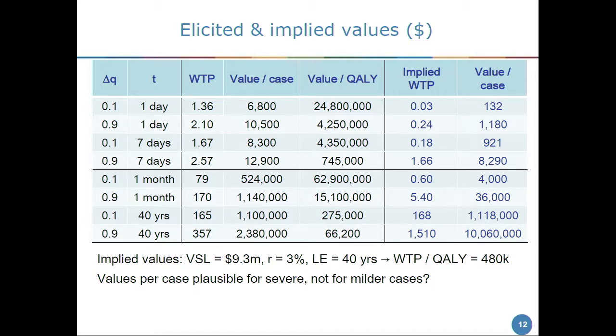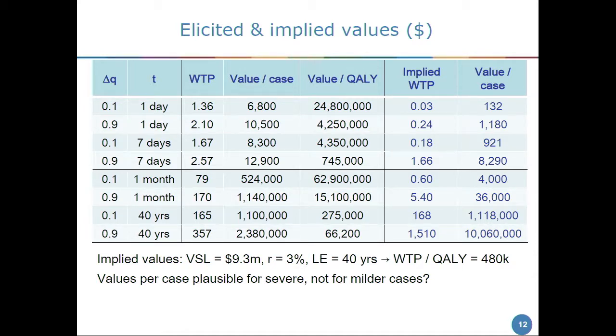And so the implied willingness to pay you get from that is proportional to the quality loss by construction. So for the rows I was pointing out before, 3 cents for the mild illness for a day, $1.66 for the small risk of the severe illness for a week. And these are all using willingness to pay of $480,000 per quality.